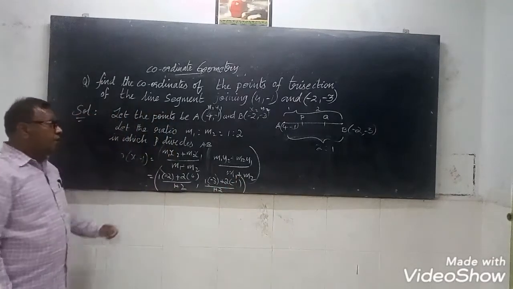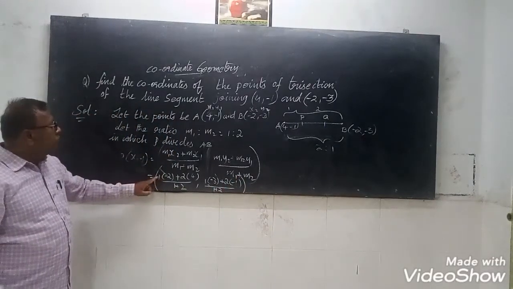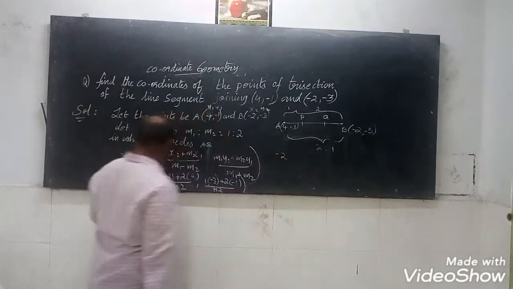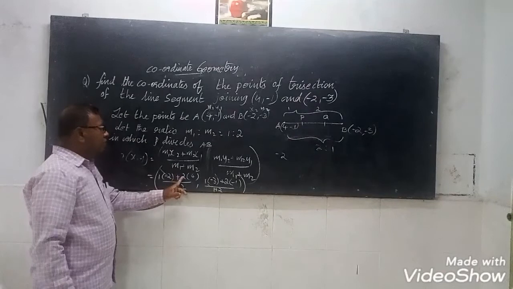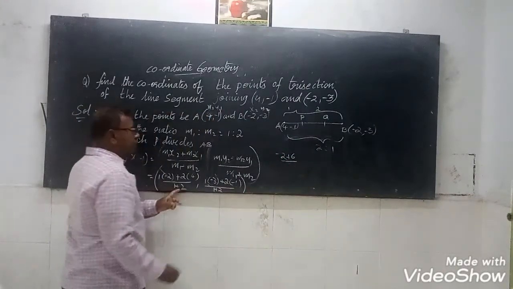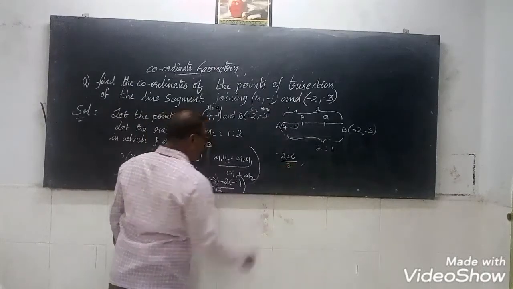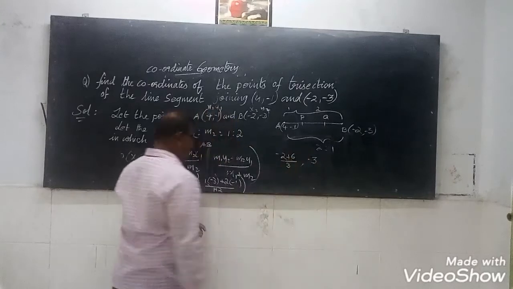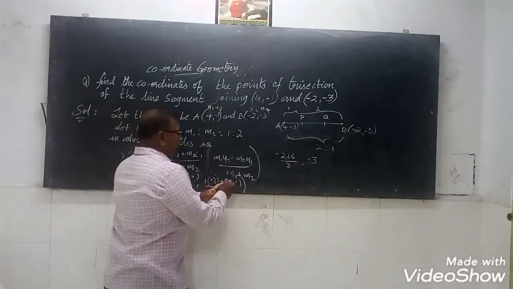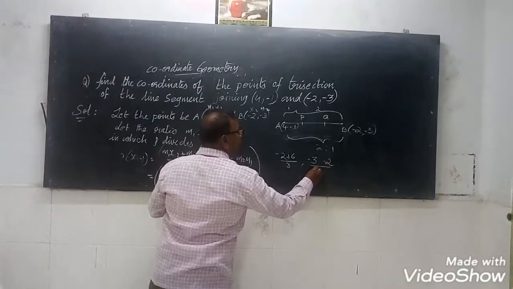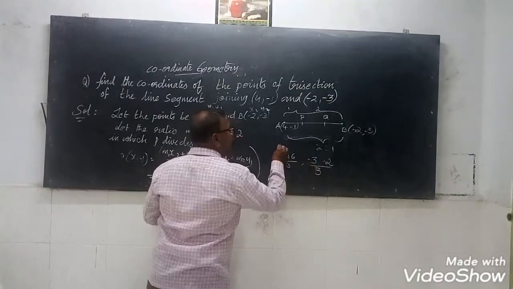Now see here, 1 into minus 2, you may write this as minus 2, then plus 2 into 4, by 1 plus 2 is 3, comma, 1 into minus 3 plus 2 into minus 1, minus 2, by again 3.